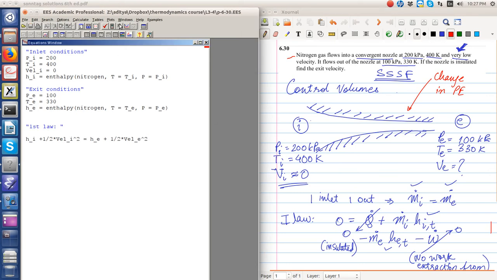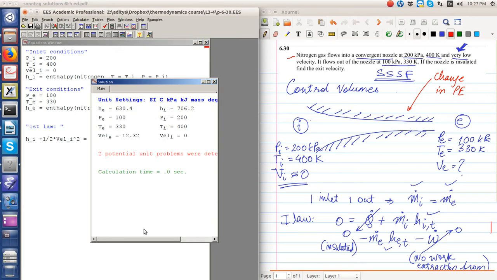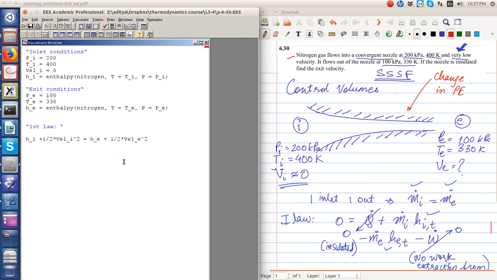Okay, so let's see. We have made a very big blunder, and the blunder is as follows. Units of hi are in kilojoule per kg. Units of velocity squared will be in joule per kg.